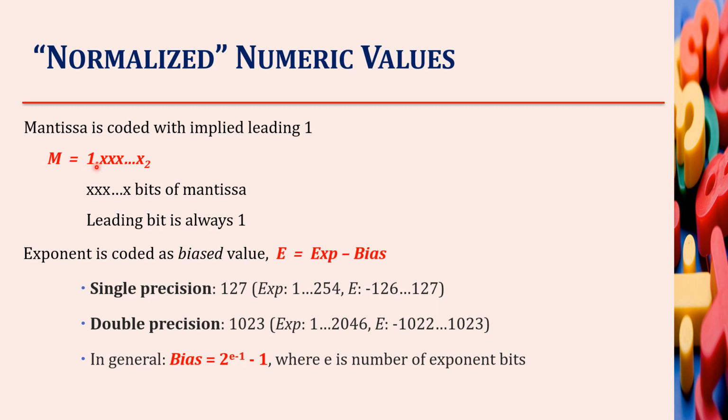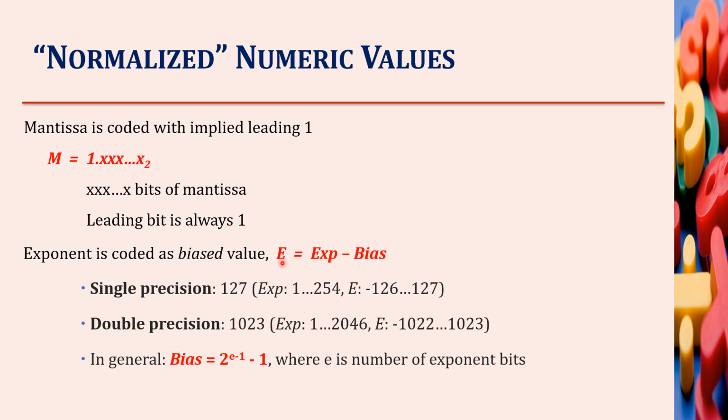So a binary point is placed immediately after a non-zero digit. This leading bit is always 1. In the case of a normalized floating point number, the leading bit should always be 1. That is, the binary point should be placed immediately after the first non-zero digit. Fine. And the exponent is represented as a biased value.